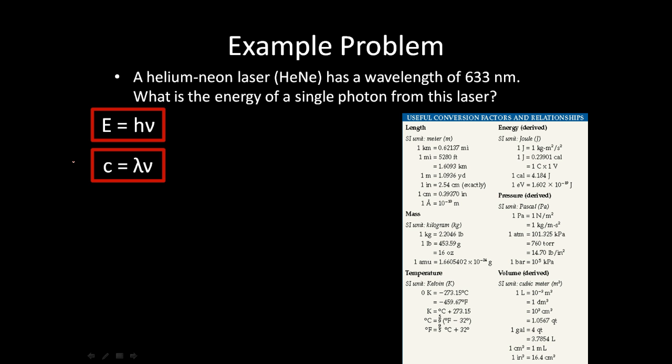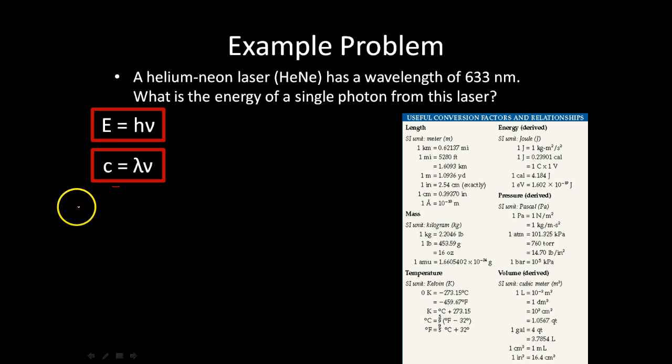So what you have to do is essentially rearrange and combine these two equations. First off, we are given a wavelength, so we'll need to rearrange this equation for frequency and plug that into this equation up here.